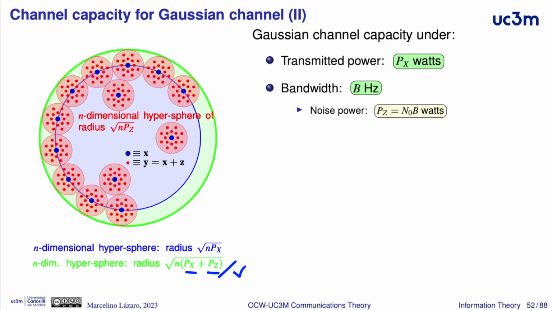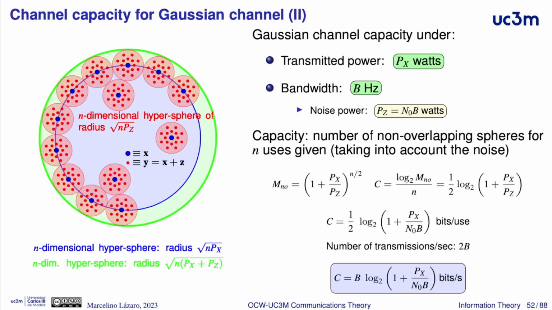Taking this into account, now the channel capacity can be stated as the problem of analyzing how many hyperspheres of the radius given by the noise can be placed without overlapping in the hypersphere defined by the addition of the signal power and the noise power, the green hypersphere here.